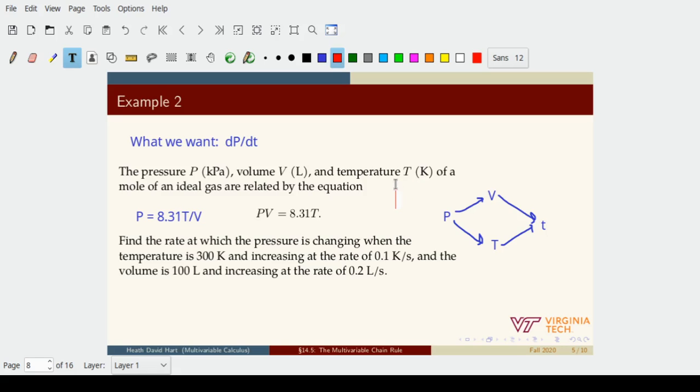And so we get negative 8.31 T times V to the negative 2, over V squared.